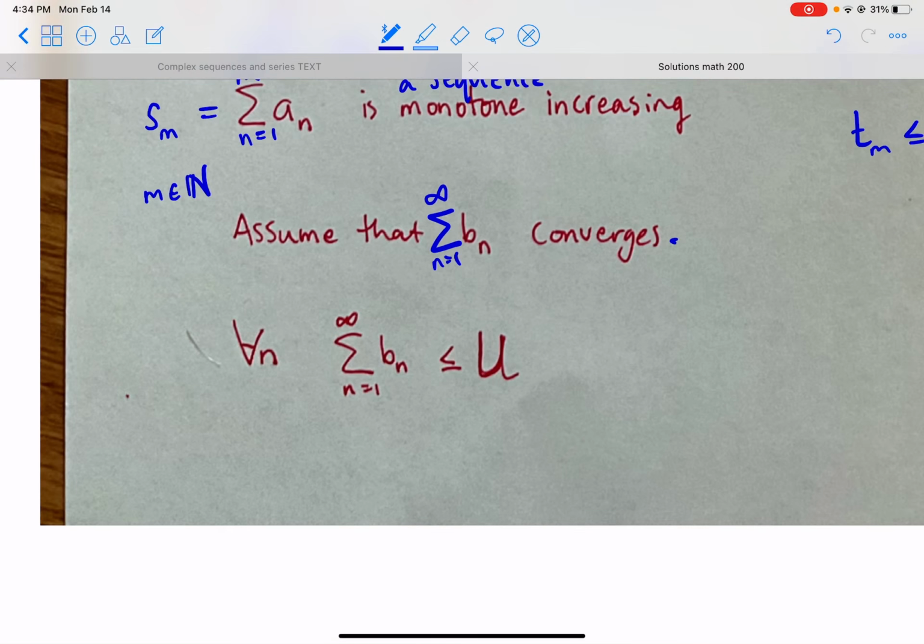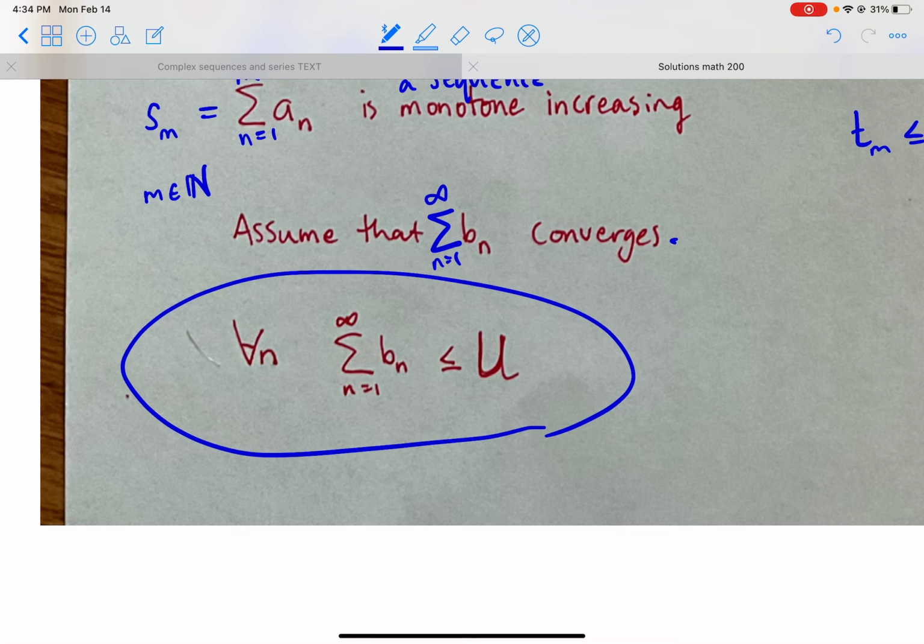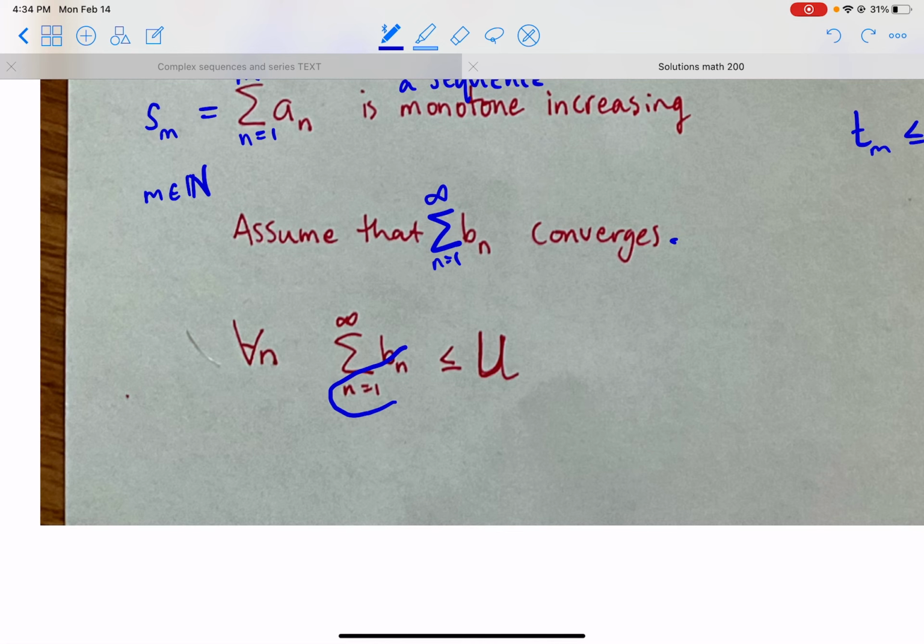Okay. Let's look at this one. So this is tricky. You've already summed over n. You're summing over n here. This is now a number, if it exists. It's the limiting value of a certain sequence of partial sums.